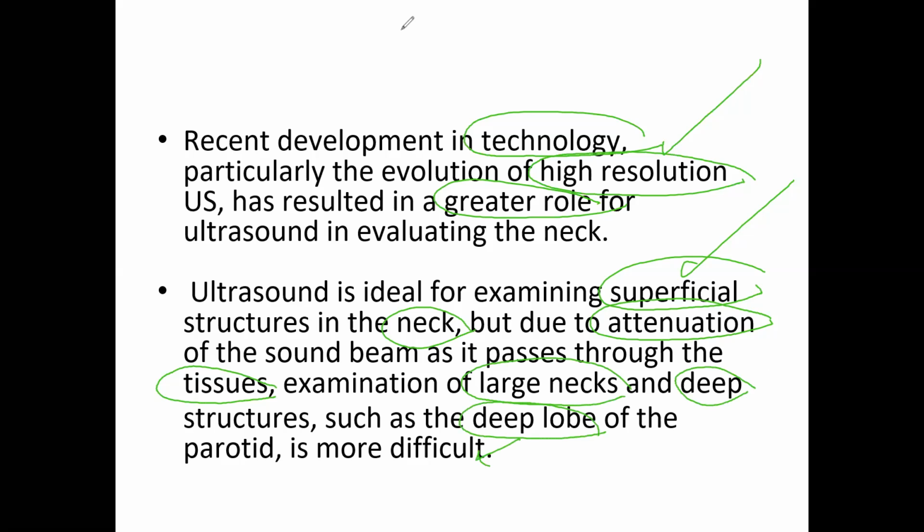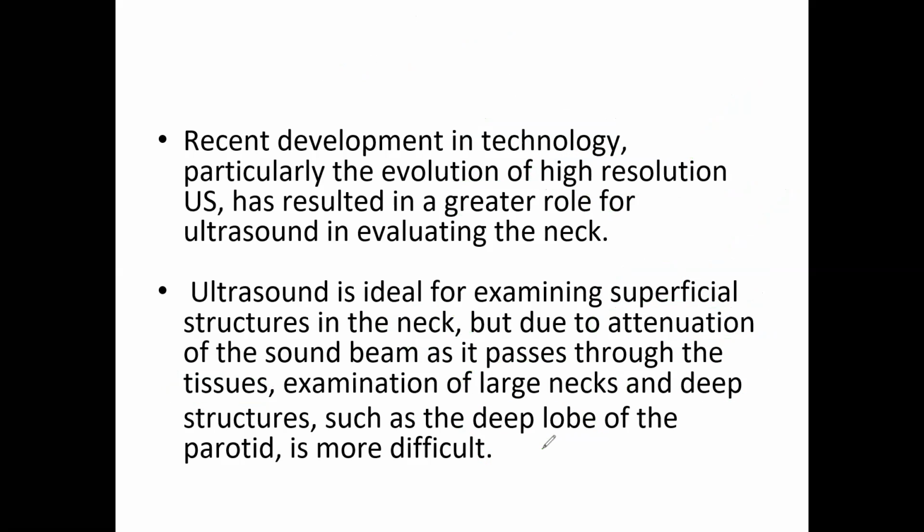So superficial structures of the neck are very easy because attenuation is less, but the deep structures are very difficult to see in the ultrasound. Superficial structures can be diagnosed very easily in ultrasound. That is one point which you should keep in mind.